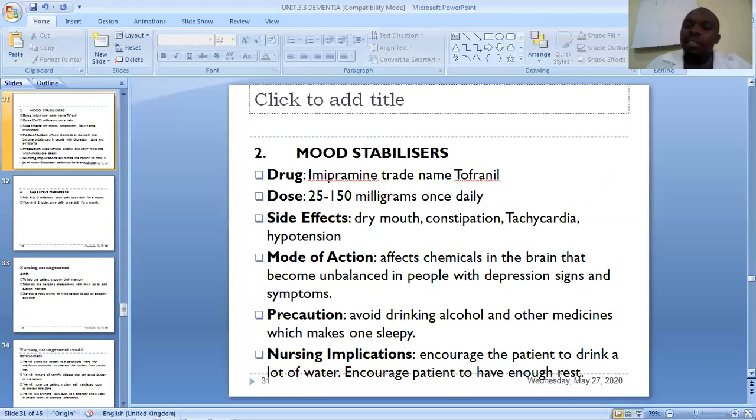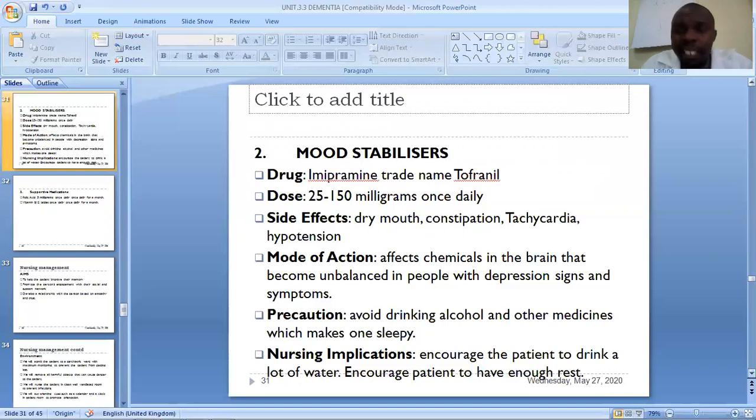Side effects, you expect to have dry mouth, constipation, tachycardia, hypotension. Mode of action for this drug, it affects chemicals in the brain that become imbalanced in people with depression signs and symptoms. That's why at some point you may find medical personnel using imipramine to treat depression.